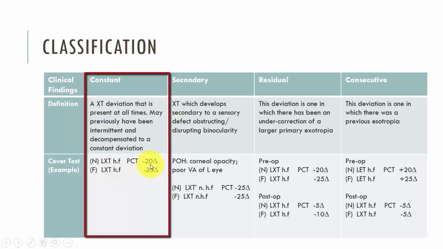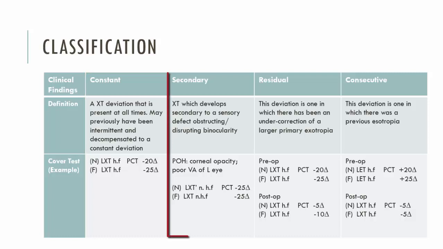Now we see that there's only a 5 diopter difference between near and far, and so we could further say that this is a basic constant deviation or a primary basic constant deviation. If there is a near distance disparity, you could go further to indicate that it's a divergence excess or a convergence weakness exodeviation.